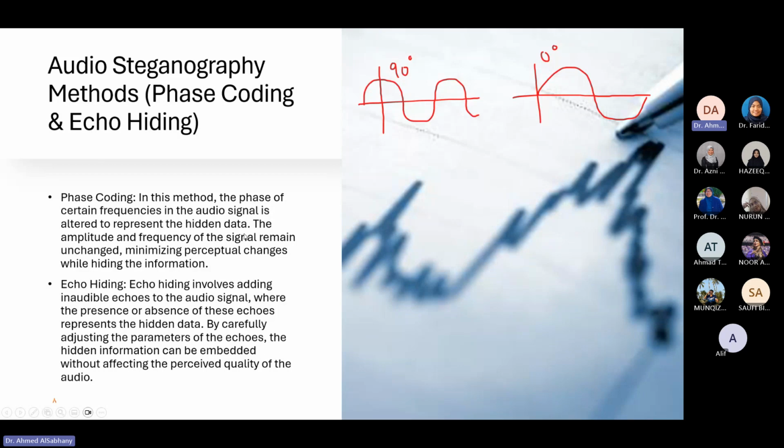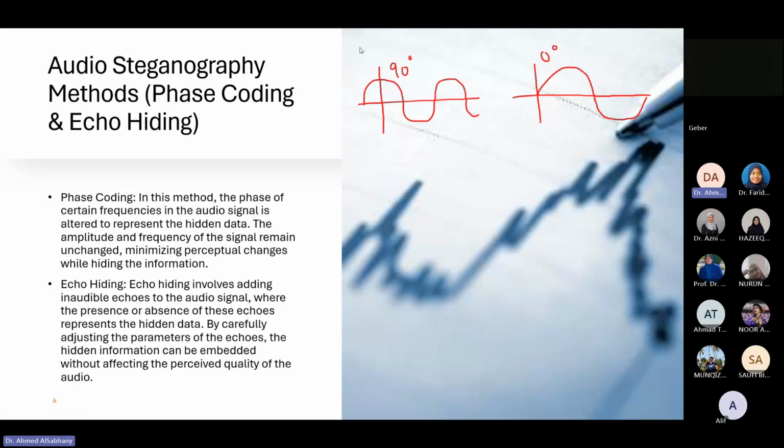So the main idea here is that we have a difference between this phase and the other phase, and we want to make a certain phase represent a certain value that represents a certain message bit.